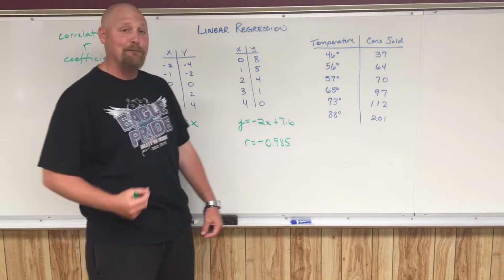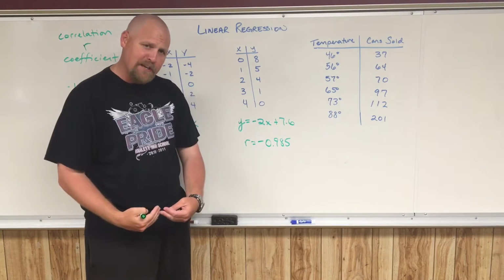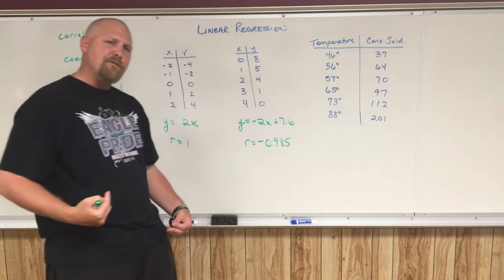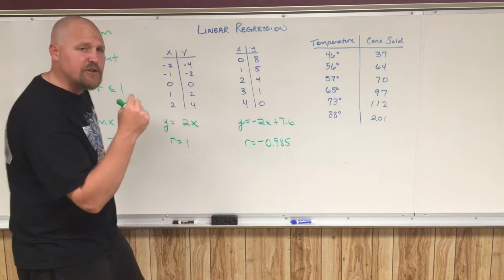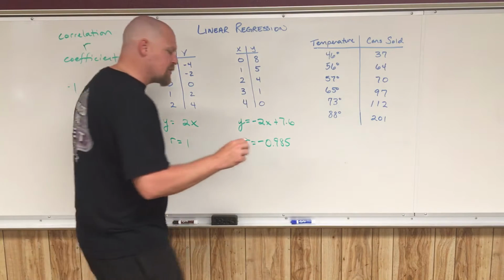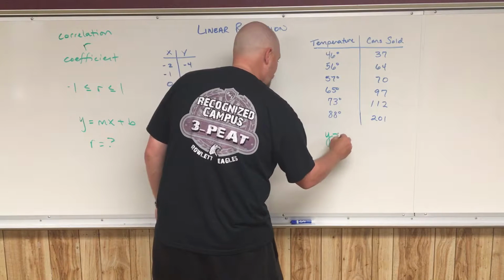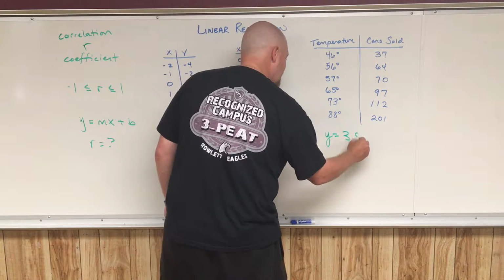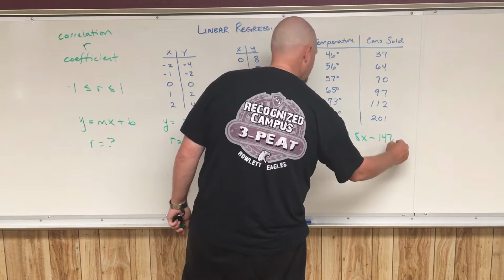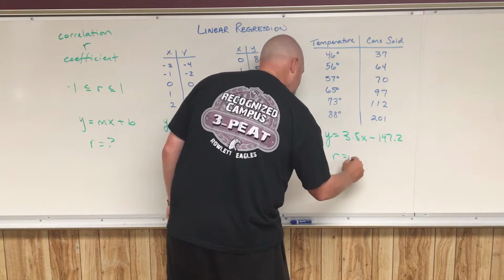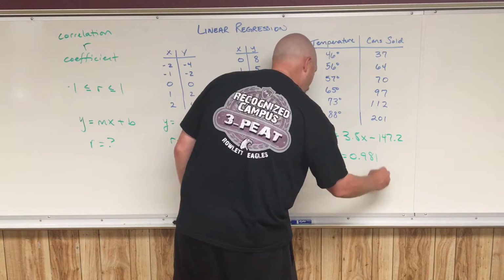Okay, that should have been enough time for you to pause the video, get that stuff in the calculator and hit submit. Figure out what your best fit line equation y equals mx plus b is and what your r is. What y'all should have gotten here is y equals 3.8x minus 147.2, and r is equal to 0.981.